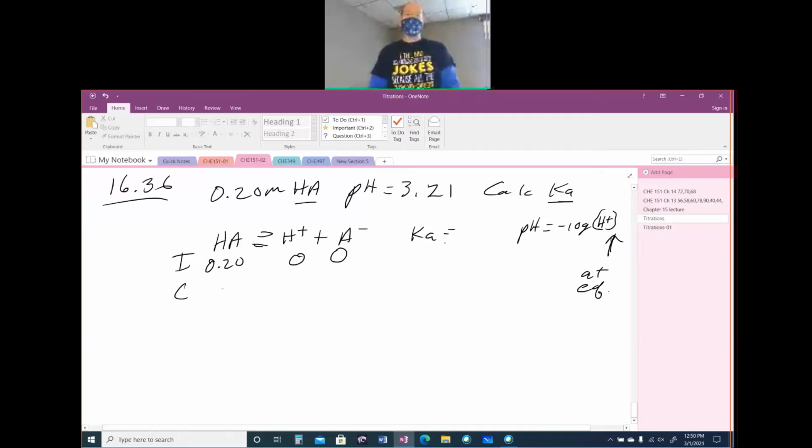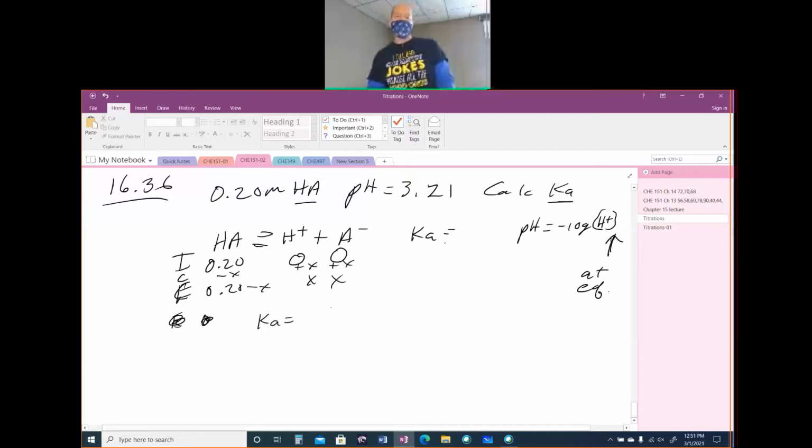All right, and so it has to go to the right, 0.20 minus x, x, and x. And so at equilibrium, you have minus x here, plus x, plus x. So at equilibrium, you have 0.20 minus x, and you have x, and you have x.